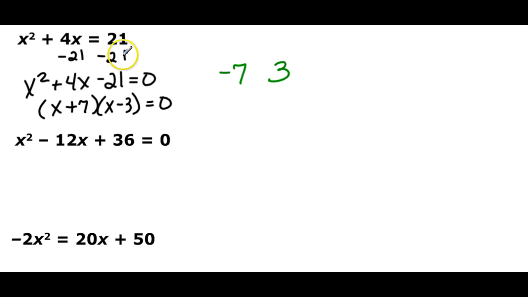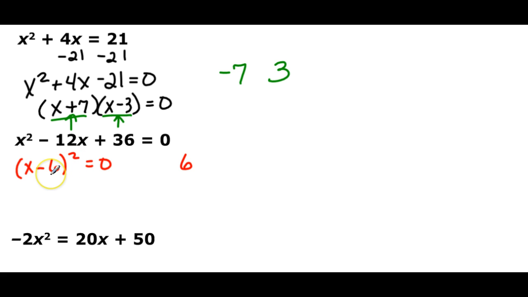So for the first one, I subtracted 21 from both sides to make it equal to 0. I factored it. The value that will go in here to make this equal to 0 is negative 7, and the value that will go in here to make this part equal to 0 is 3. This one's already set equal to 0. I recognize this as a perfect squared trinomial, which can be factored as x minus 6 squared.